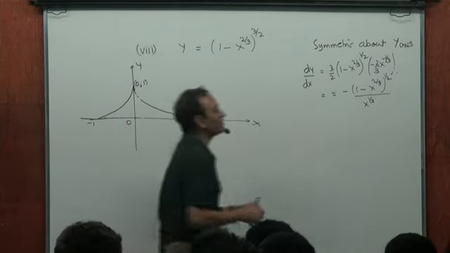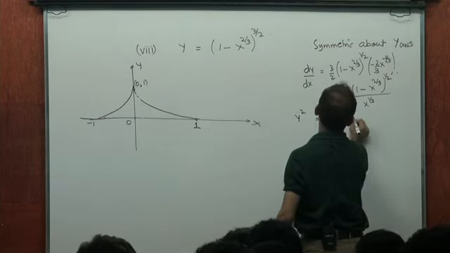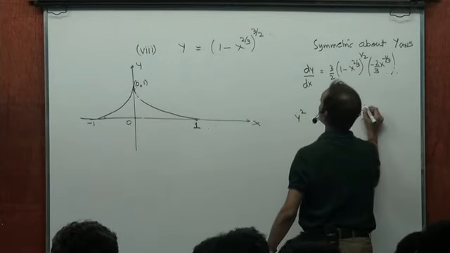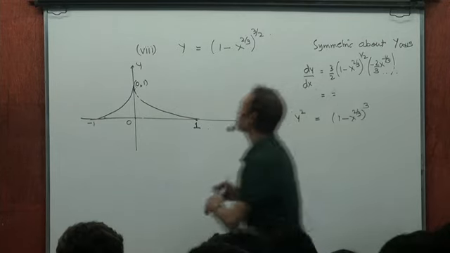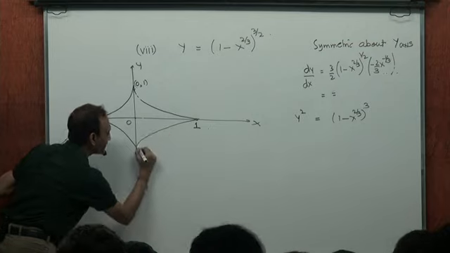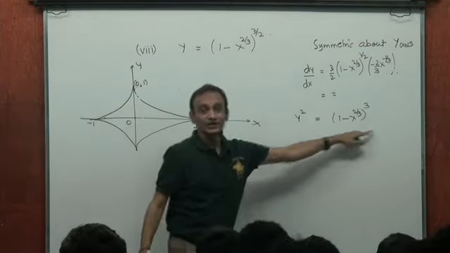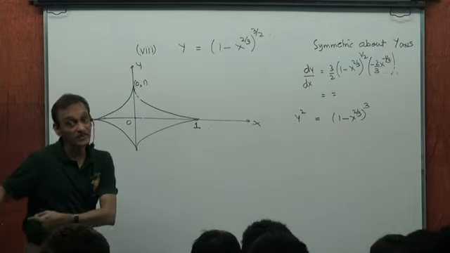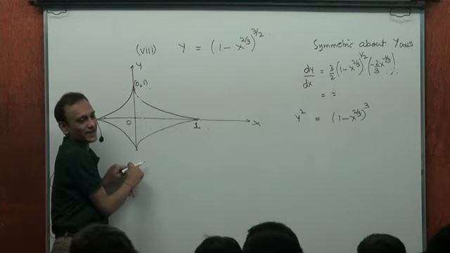However, if someone said, draw the graph of y squared equal to 1 minus x to power 2/3 whole to power 3, then it will be the same except that this would get added. It would also be symmetric about the x-axis because there are even powers of y, and in addition to these two, this will also get added.